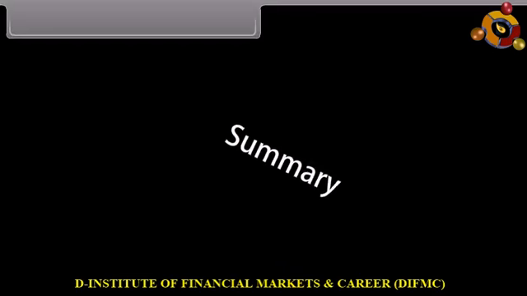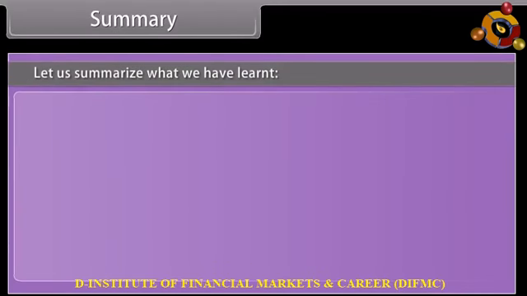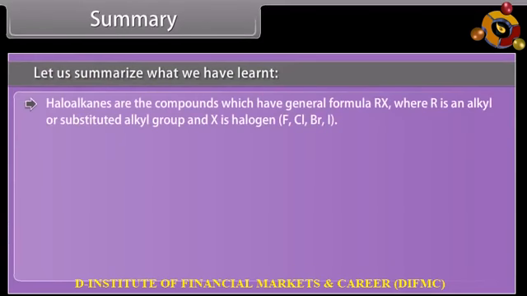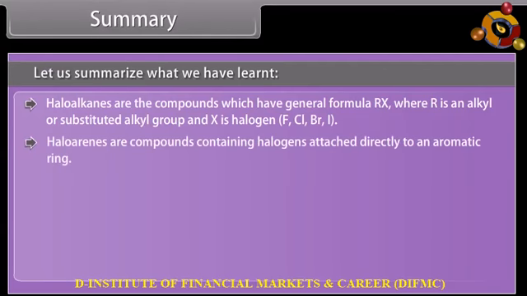Summary. Let us summarize what we have learned. Haloalkanes are compounds which have the general formula RX, where R is an alkyl or substituted alkyl group and X is halogen: F, Cl, Br or I. Haloarenes are compounds containing halogens attached directly to an aromatic ring.